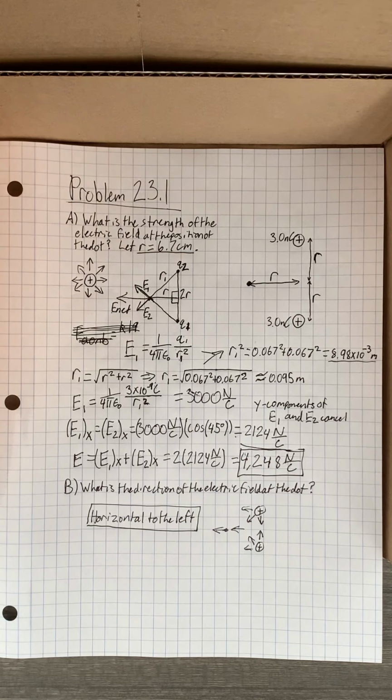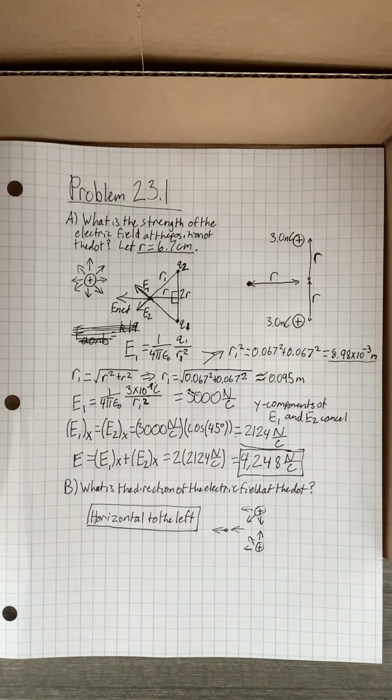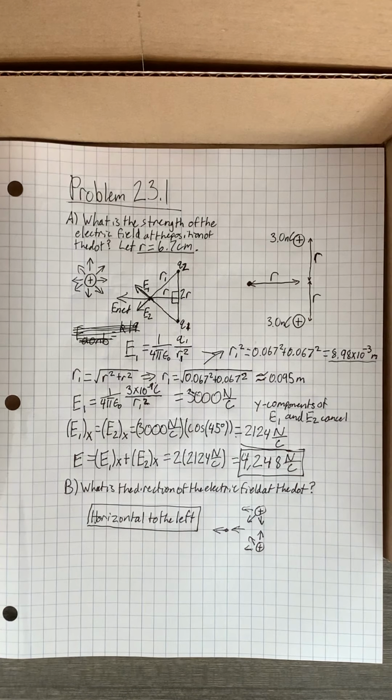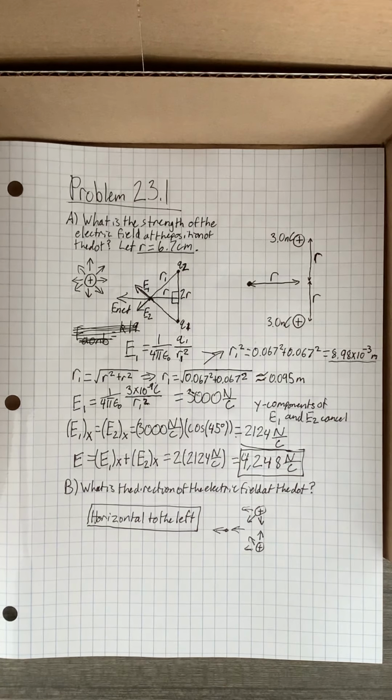So this is going to be problem 23.1, which is the assigned problem. It's the first problem on Mastering Physics. There are two parts to this, and it deals with the charge of point charges and the electric fields of point charges.